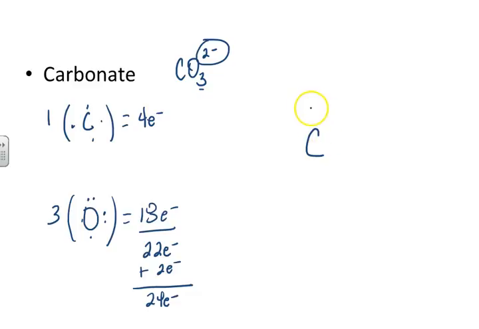Carbon in the center, oxygens around the outside. Give each oxygen 6 electrons extra to complete its octet. And carbon is going to get an extra pair as well.